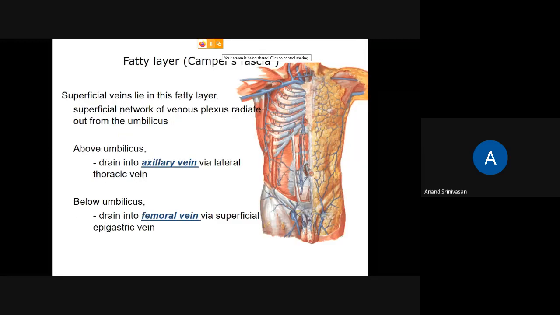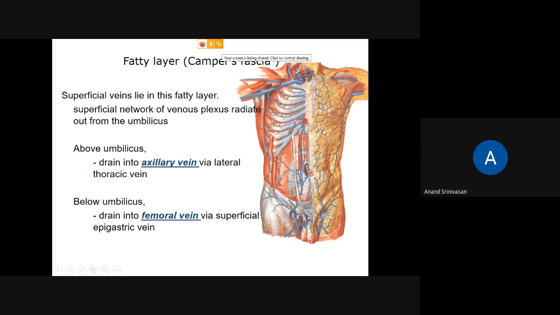Now, there are a large number of superficial veins in the fatty layer. Usually we cannot see them because of the huge amount of fat. But whenever the abdomen is tense, for example during pregnancy or when there is fluid inside the abdomen, called ascites, the superficial veins become more prominent.